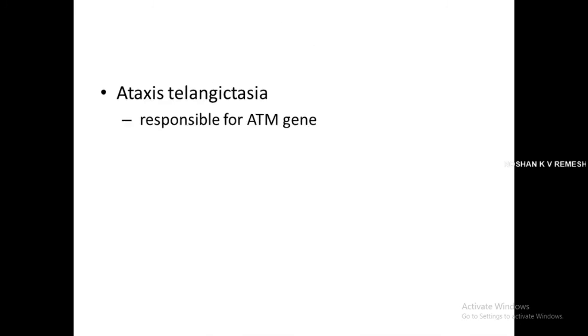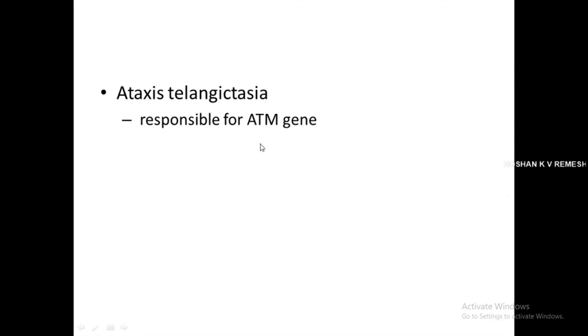Defects of the ATM gene, or mutations of this ATM gene, may lead to a disease known as ataxia telangiectasia. This develops in individuals having defective alleles of the ATM gene.